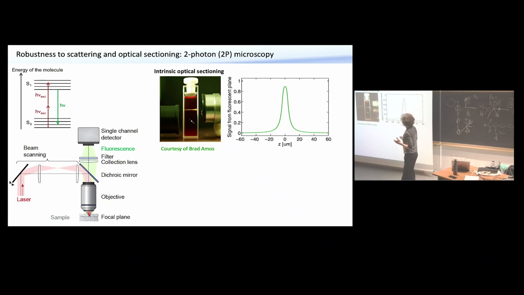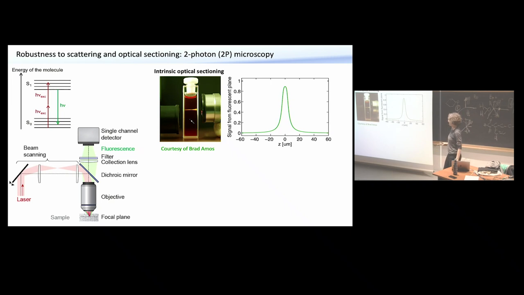It means that if you look at what happens when you focus your light, you will see a signal from the focal spot where you have a high intensity, but outside of the focal spot, where the light will have diverged, there is not enough light to create photons, so you won't have fluorescence. So you have an intrinsic optical sectioning, which is actually exactly the same as the confocal microscope with this technique.